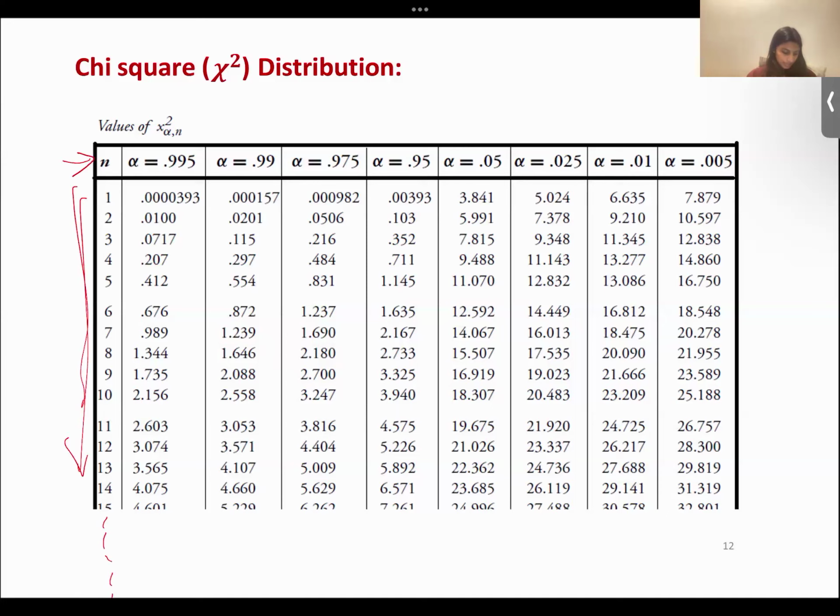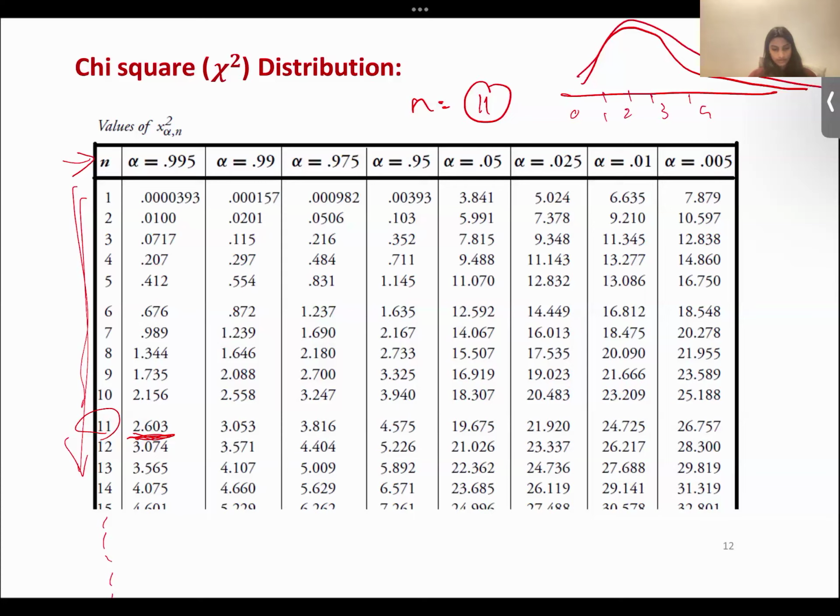So let's take a random point here. I have 11 samples, so n is equal to 11, and this is my chi-square distribution. The value given here is 2.6. So let's say this is 0, 1, 2, 3, 4, whatever it is.